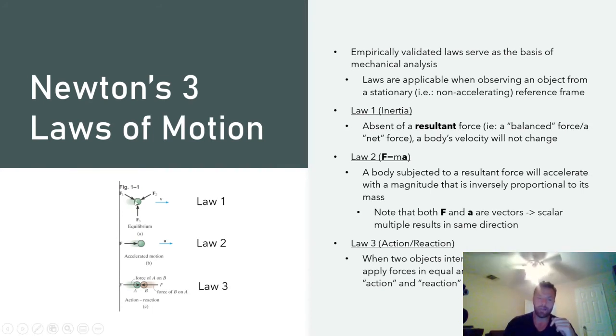So you can have a body that has multiple forces acting on it. However, if the directions and magnitudes are such that these vectors sum to zero, by Newton's first law, this object will maintain whatever velocity it had beforehand. So if it was moving to the right, it'll continue moving to the right in spite of these forces acting upon it. So that's what that first figure means.